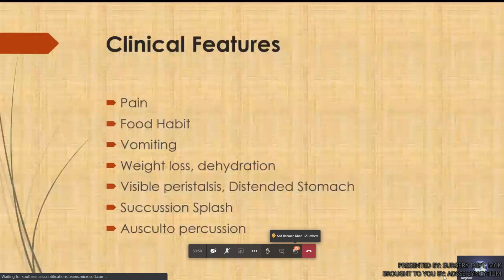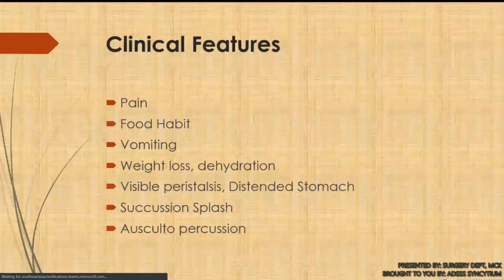In gastric outlet obstruction, the patient is able to take some food in the morning, a lesser amount in the afternoon, but from evening he cannot take any food because his stomach is distended and appetite is completely lost. So only in the morning hours he or she can take some food.